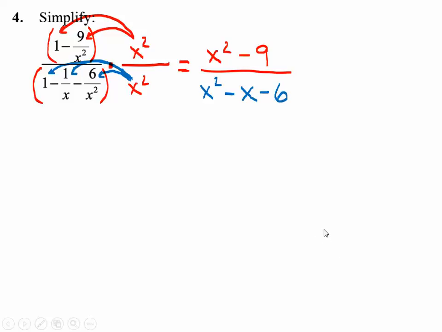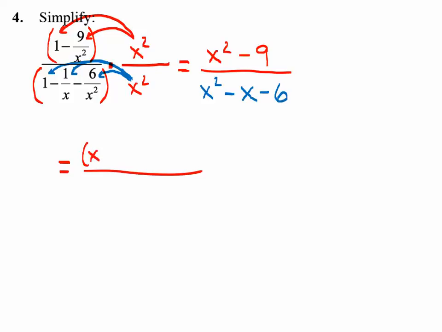Now the question for you guys, can you factor it and reduce some more? Hopefully already done here.